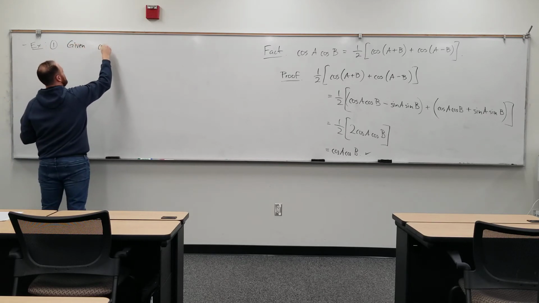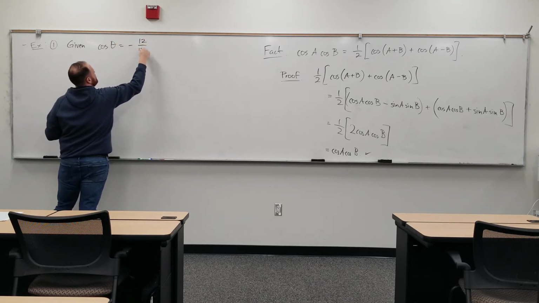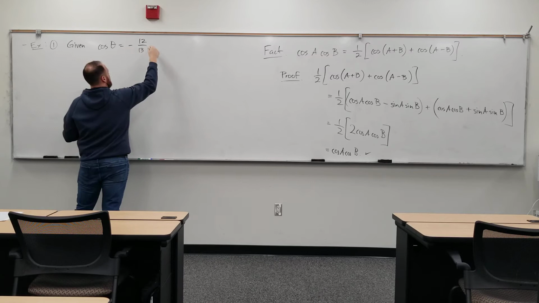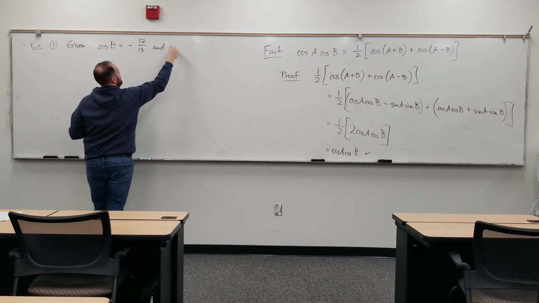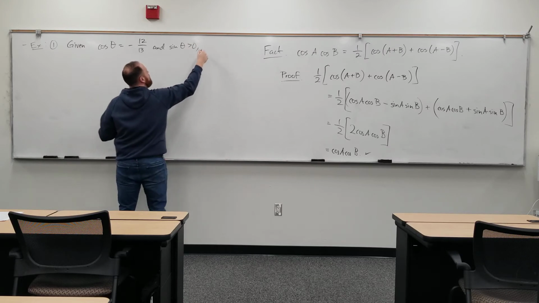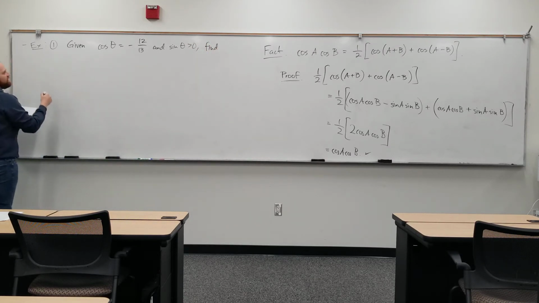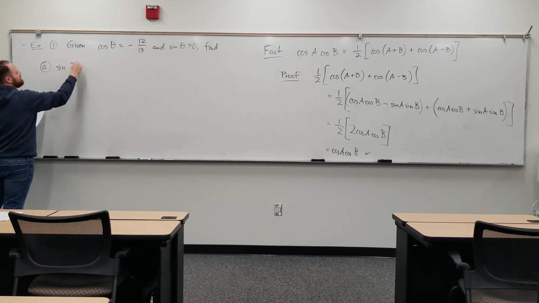So given cosine theta equals negative 12/13 and sine theta greater than 0, let's find the following. Well, first of all, let's find sine 2 theta.